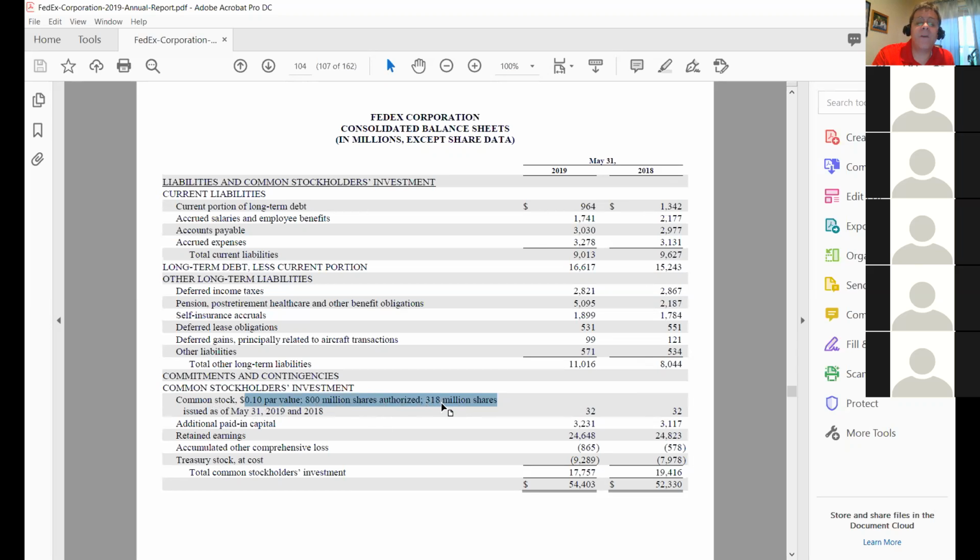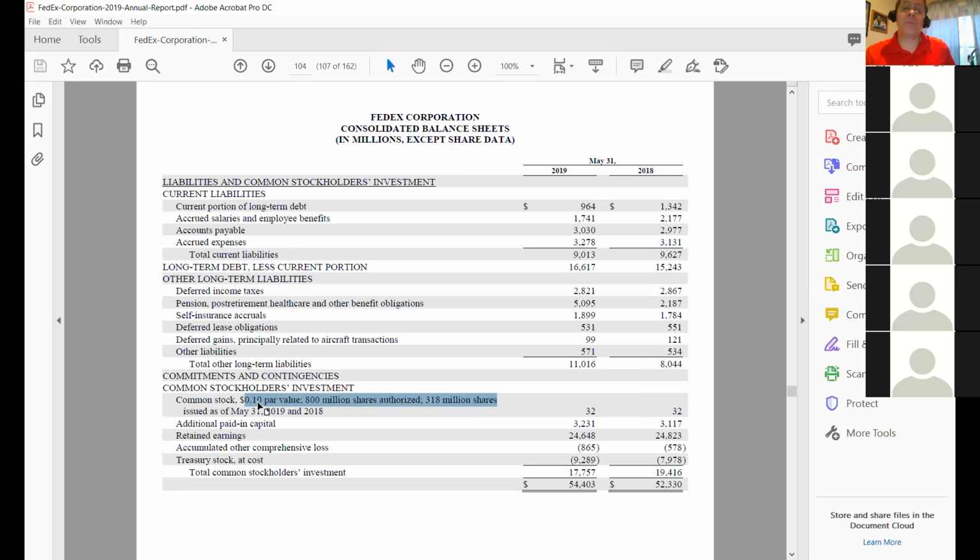I would take 50% of that, which would be 159, and I would multiply it by 10 cents to figure out the amount that I would make my journal entry for that stock dividend.